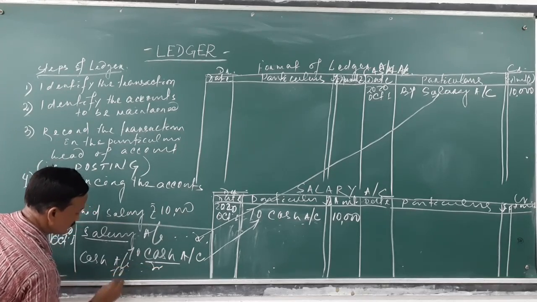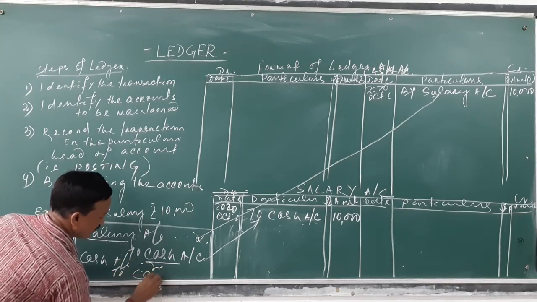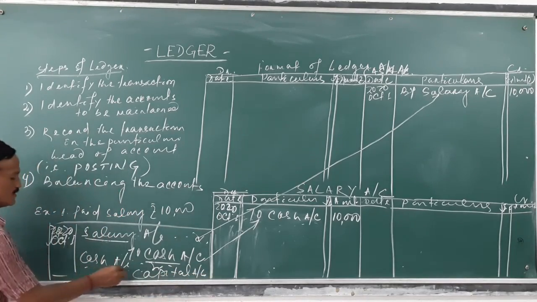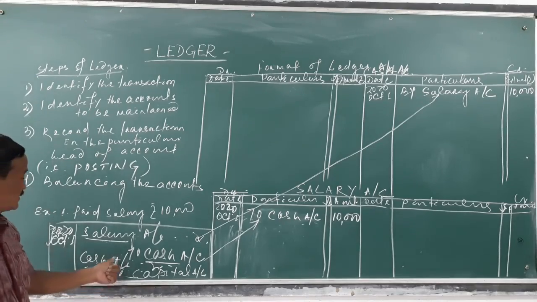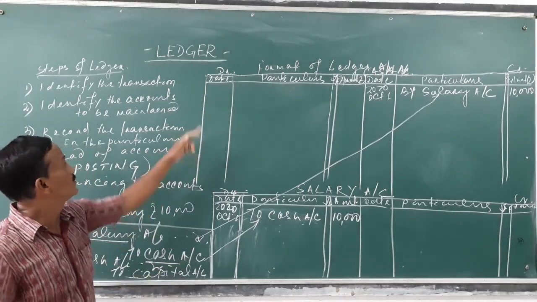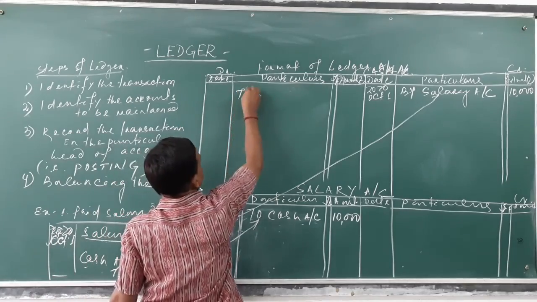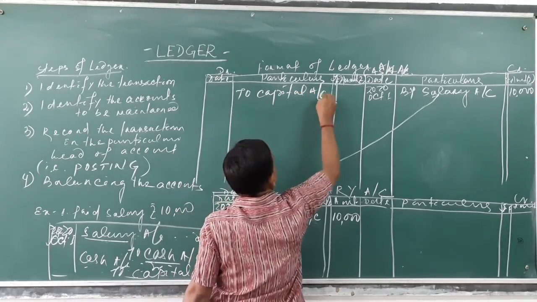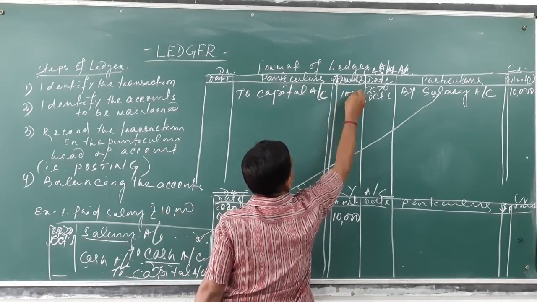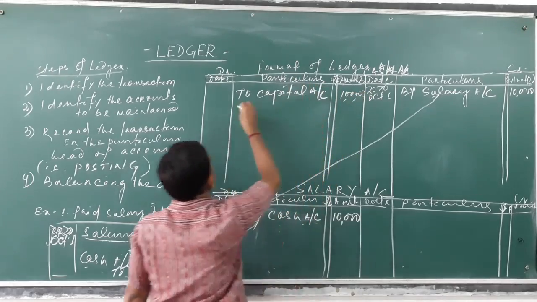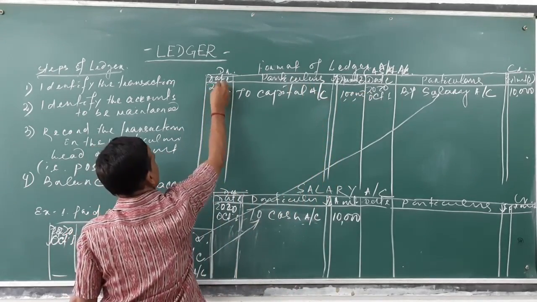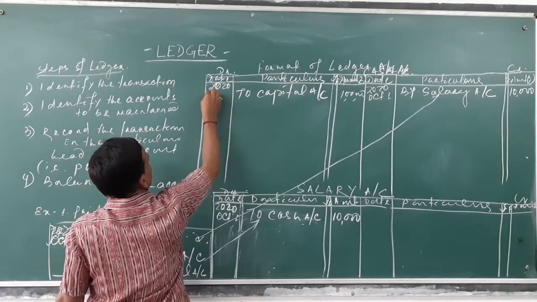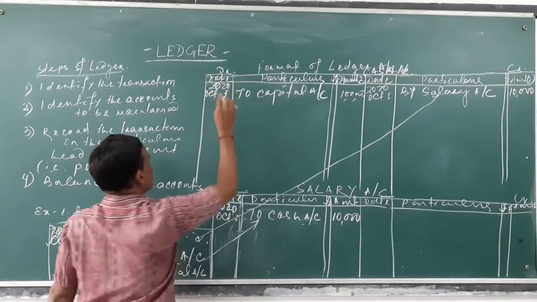Likewise, suppose another transaction: cash account debited to capital account. Now you see the cash account is debited here, so you have to write on the debit side "to capital account", suppose 1 lakh rupees, dated 2020 October 1st again.